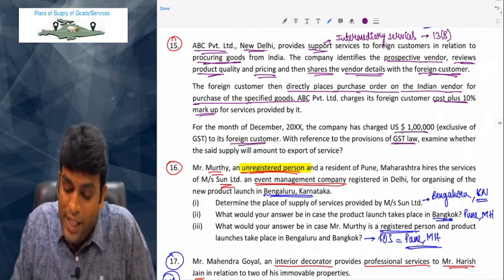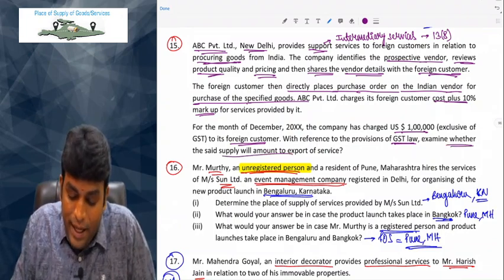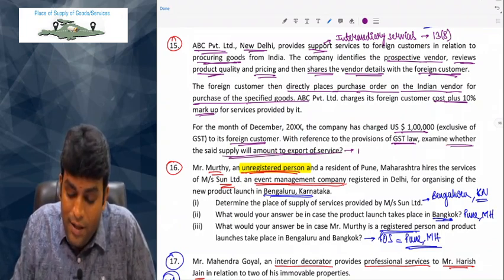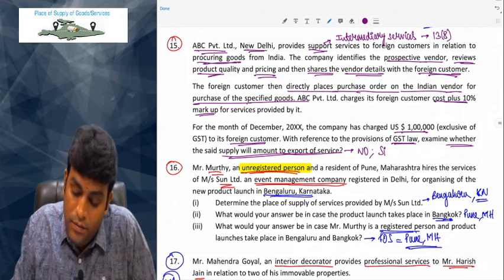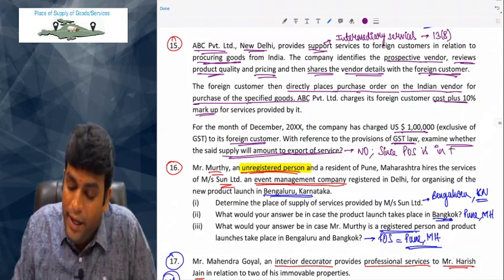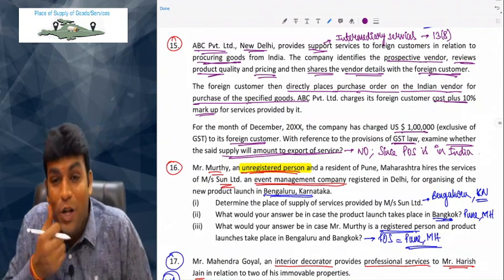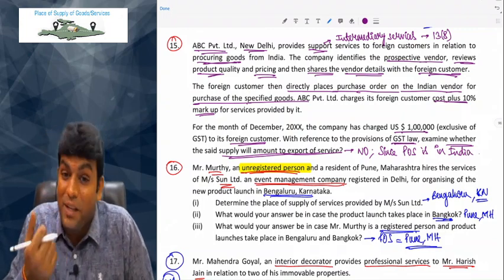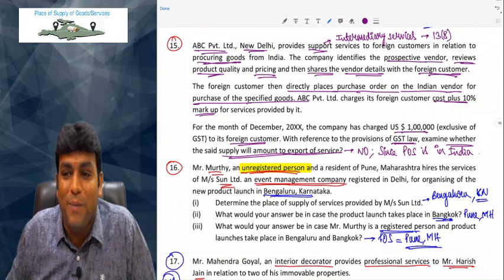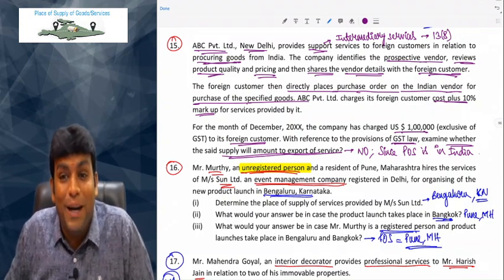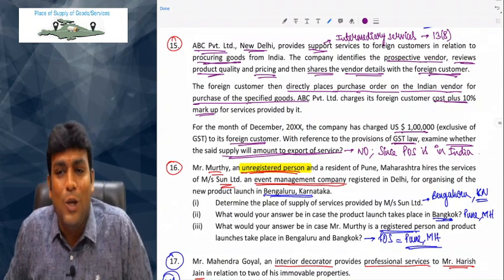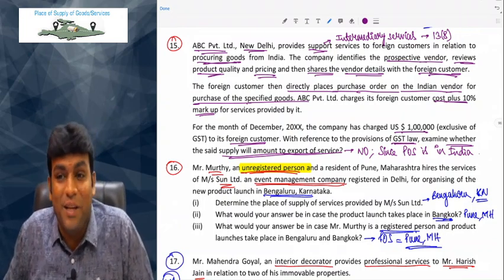With reference to GST law, examine whether it will be export of service. The answer is no. Since place of supply is in India, in order to constitute export of service, there is an important condition called place of supply should be outside India. But we know that for intermediary services, place of supply is location of supplier, that is nothing but India.